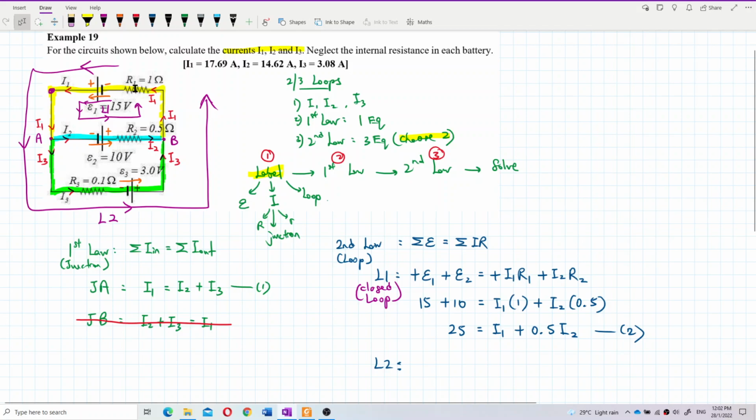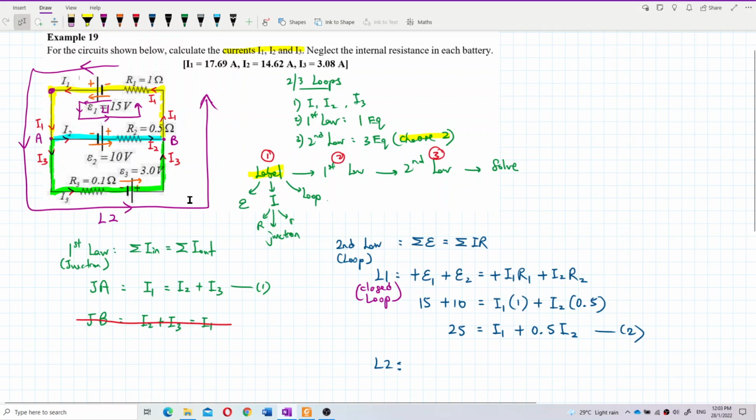It only goes through the yellow and green circuits. So ignore the battery and the resistor in the second circuit here. Only take the first and third circuits, the yellow and green. So for the total EMF, only look at the outside circuit, which is E1 and E3. E2 is not involved.